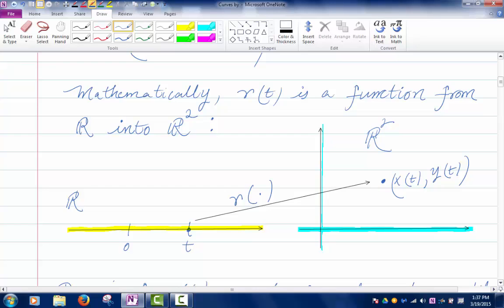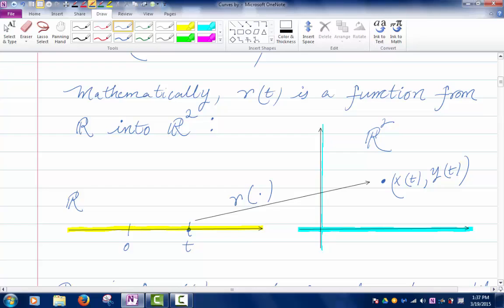This function, the domain lies on the real line. So input is a real number. However, the output is a point in the plane. Remember, R of t was x of t, y of t. So R of t is specifying the position of the bug. You can think of it mathematically as just a function.